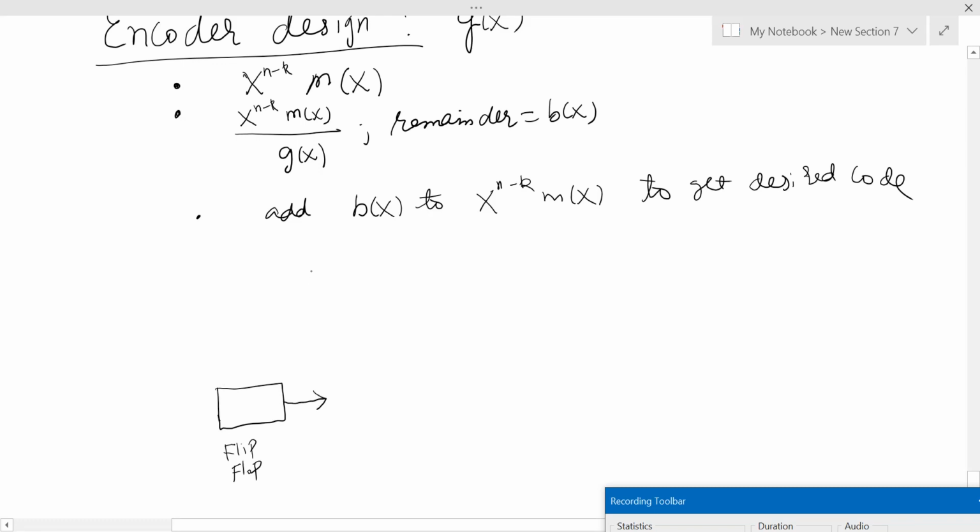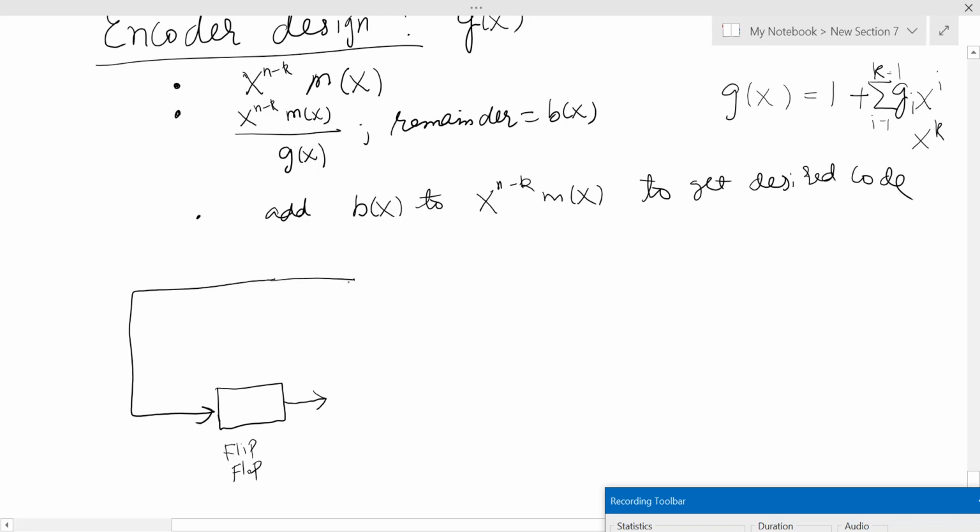So the first term of the generator polynomial is 1. So there will be a connection here. Okay. Then the second term is summation g i x to the power i, i equal to 1 to k minus 1. So depending upon whether g i is 1 or 0, I will write here like this, g1, and then here is the XOR modulo 2 operation.